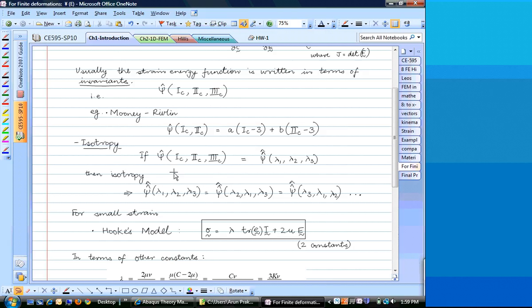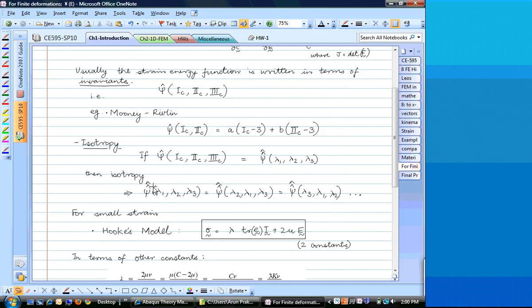And one way to express the energy function for an isotropic material is by actually not expressing it in terms of the invariants, but expressing it as a function of the eigenvalues of your stretch tensor. So you calculate your eigenvalues of the stretch tensor, and if this condition holds, what does this condition say?